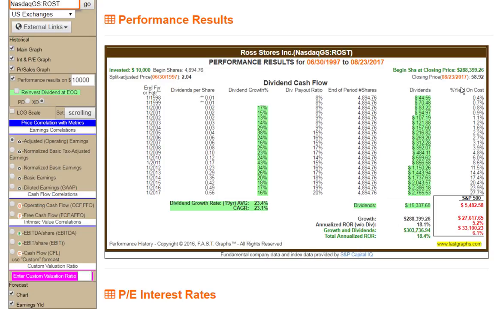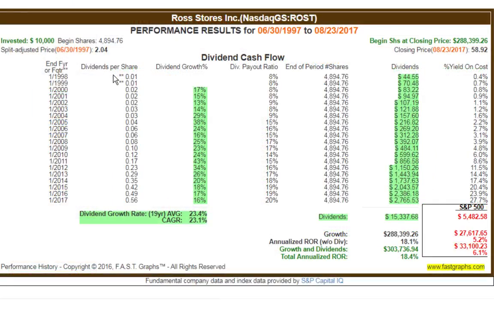We list the starting date and the ending date, the beginning price and the ending price, and then the number of shares that you would buy theoretically based on investing $10,000, but you can also adjust that amount of money here in this box. In this case, had you invested $10,000 in Ross Stores on June 30th, 1997, and held it through yesterday's closing stock prices as I'm producing this video, that $10,000 would have grown to $288,399.